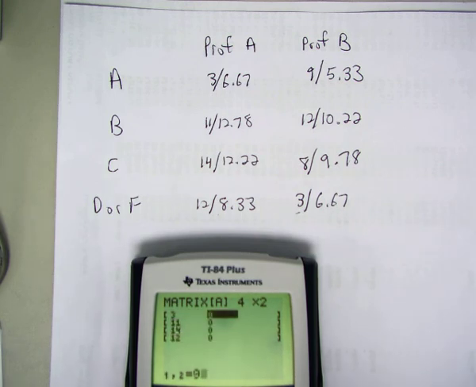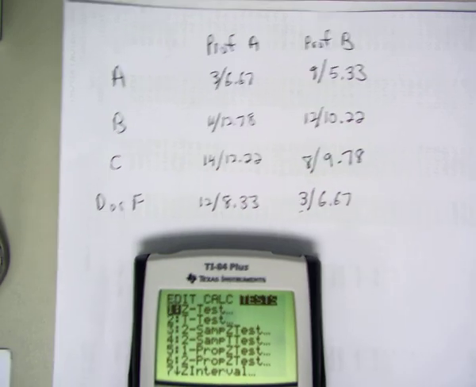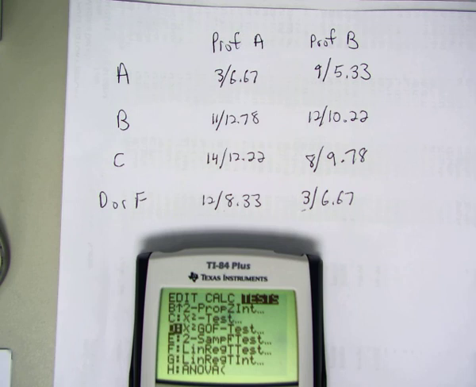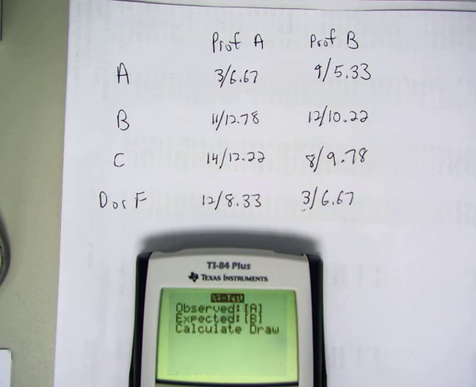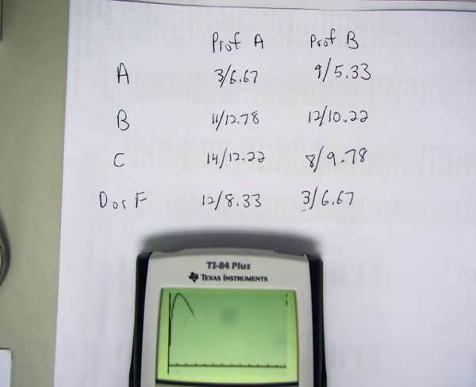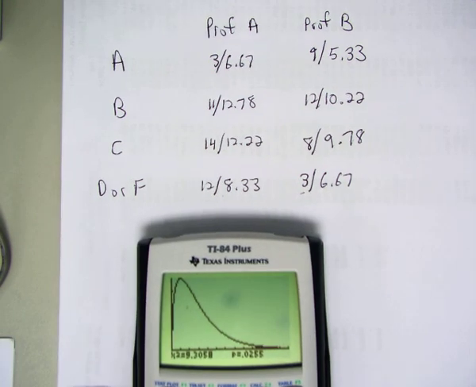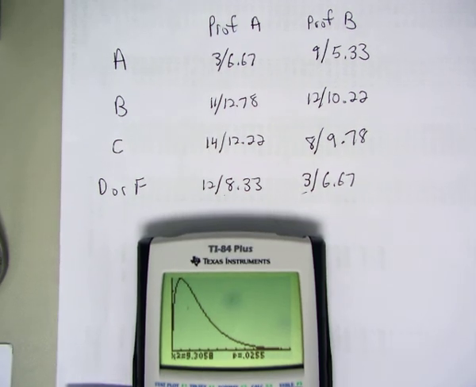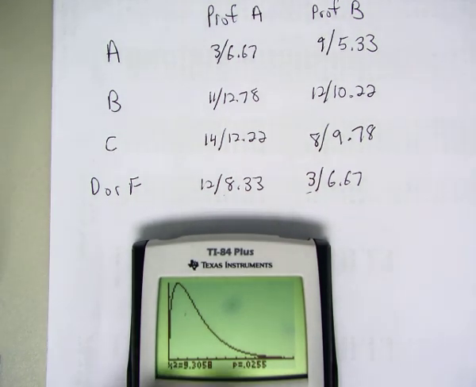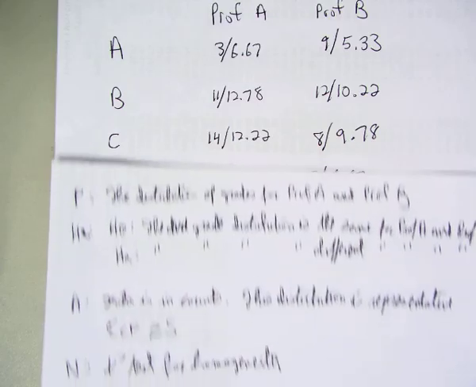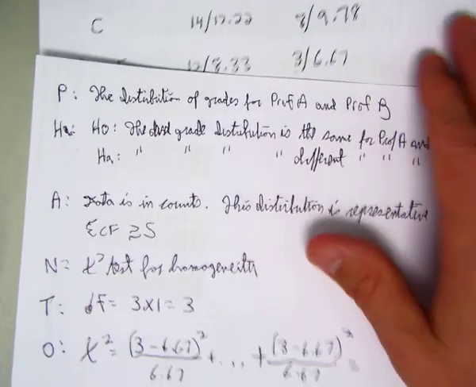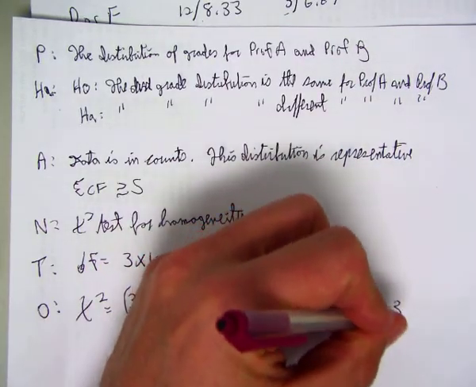Okay, and we're going to go to stat test, chi-squared test, and then observed is A, put the expected in B and draw that out. So that's what it's going to look like. So we got a p-value of around 0.0255 and a chi-squared value of 9.31.